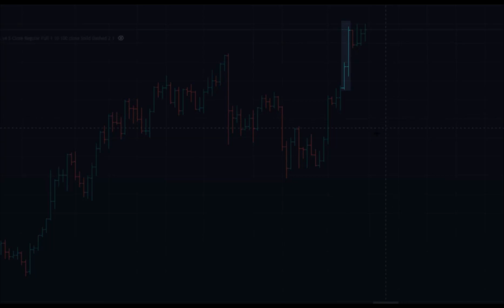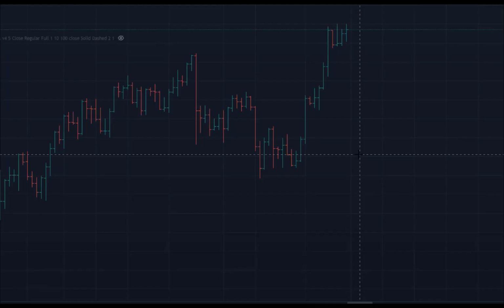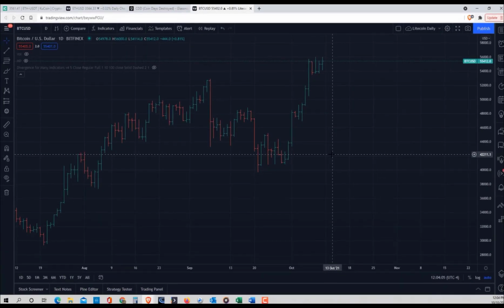Now, the bar chart has been around forever, okay? Everyone has used it at some point, especially back in the day. And the benefit of the bar chart is that it's showing you real-time pricing. Unlike some of the other charts, there are some other charts that don't do that, they sort of aggregate the numbers. But in the bar chart, what you see is what you get.